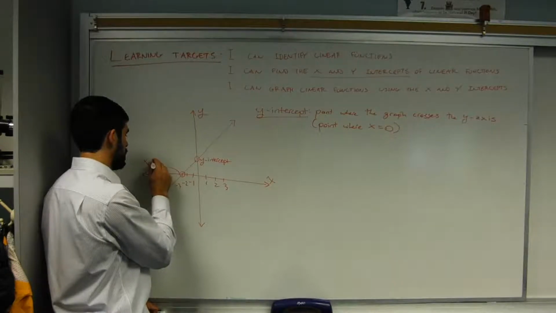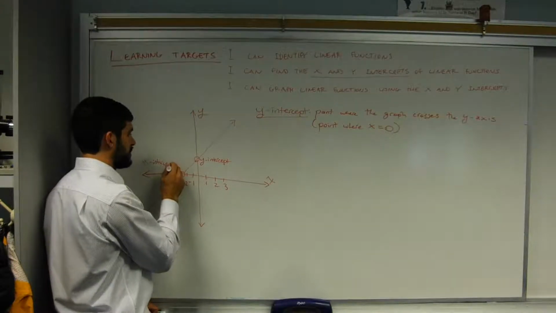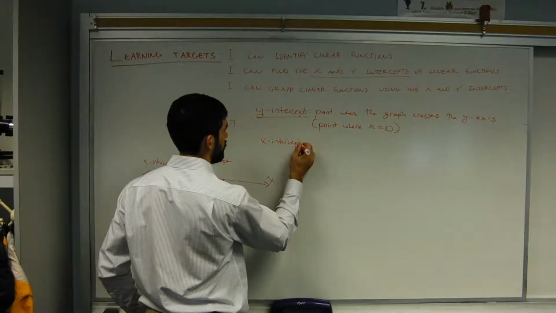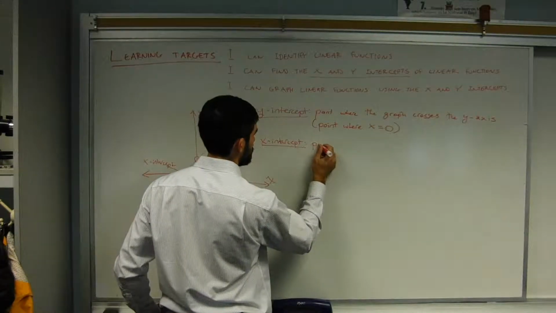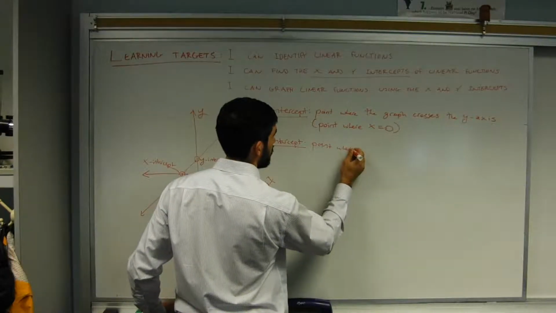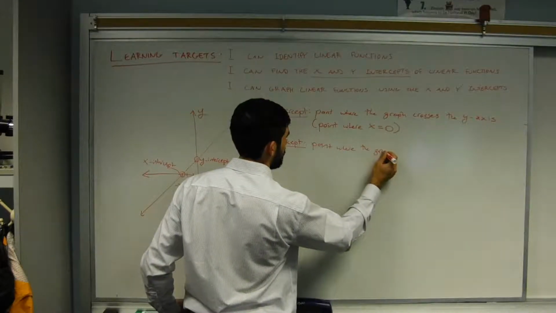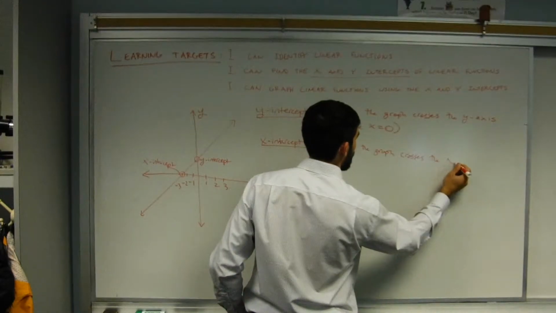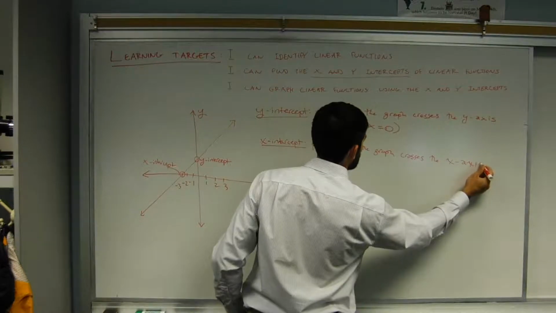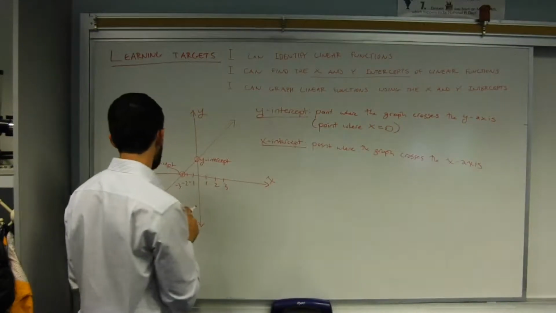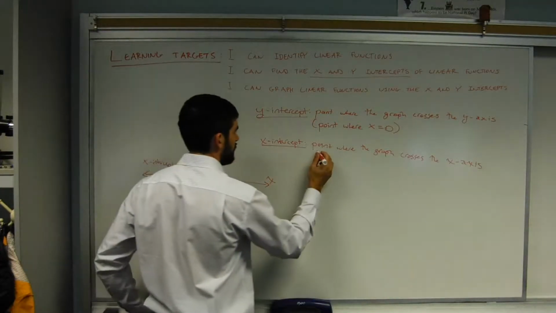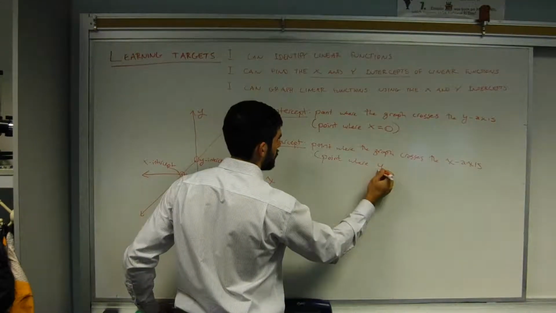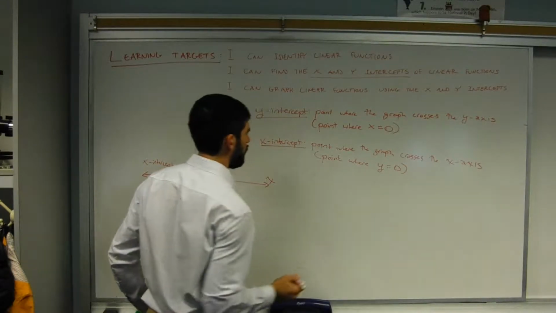Similarly, the x-intercept is the point where the graph crosses the x-axis. And you can see it on the graph here, and that would be the point where y is equal to 0.